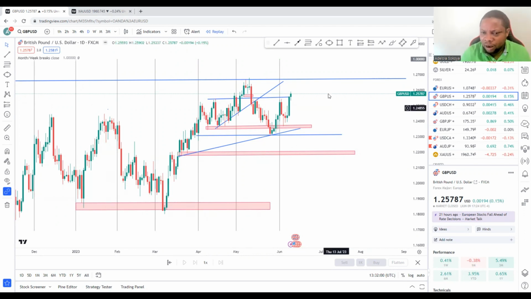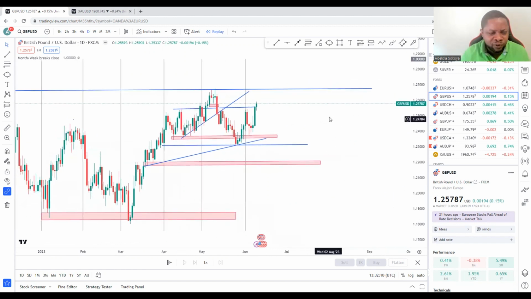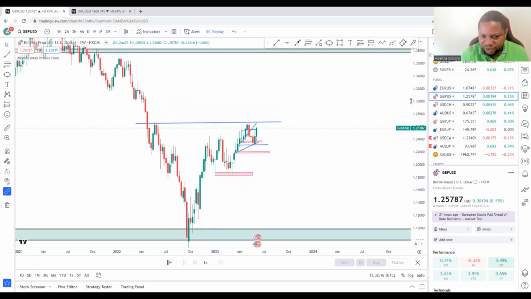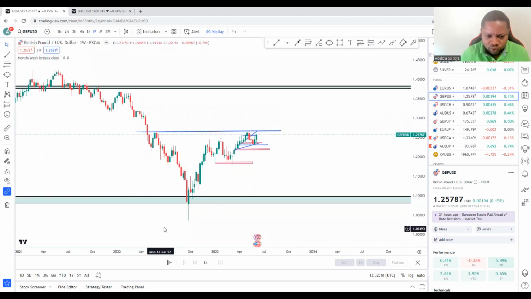So having said that, the first thing you want to do is to determine the overall trend, and the way to do that is to go to the higher time frame. I'm actually on the daily time frame, so let's go to the weekly time frame. On the weekly time frame, GBPUSD has been trending upwards, as you can see.